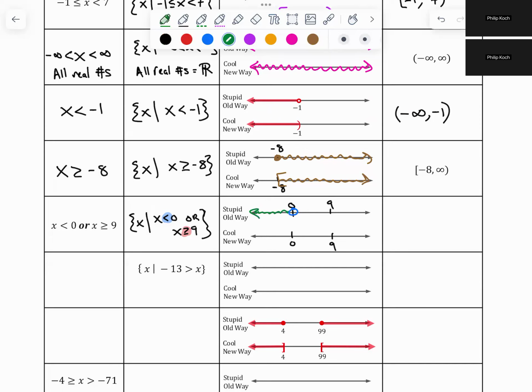Then x is greater than or equal to 9. That would be a solid dot because it's not strict, and then on to the right forever. In interval notation, that'll be a parenthesis at 0 going on and on to the left, and a bracket at 9 going on and on to the right. Any questions on that?